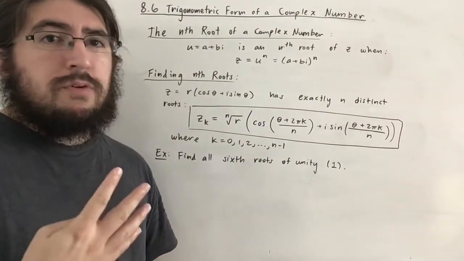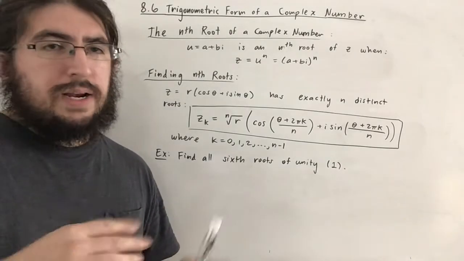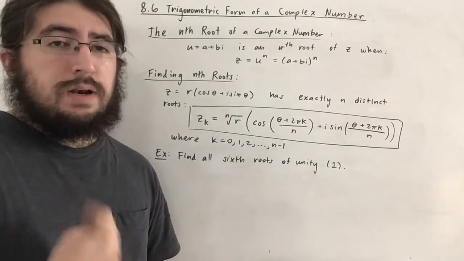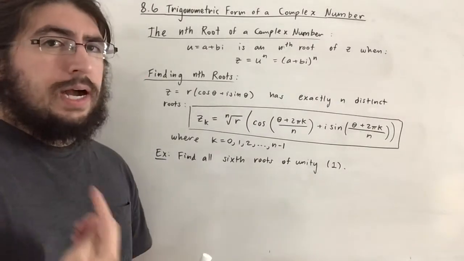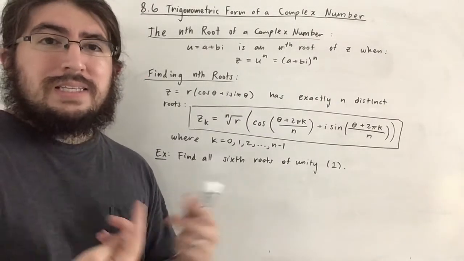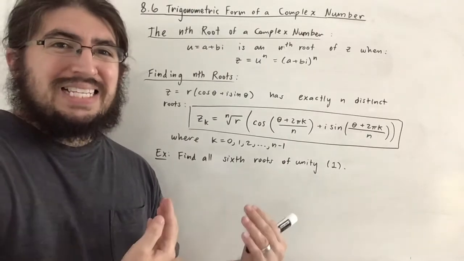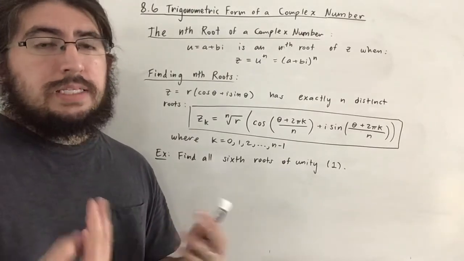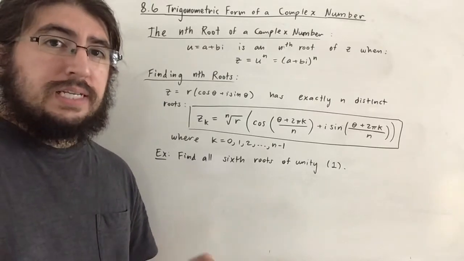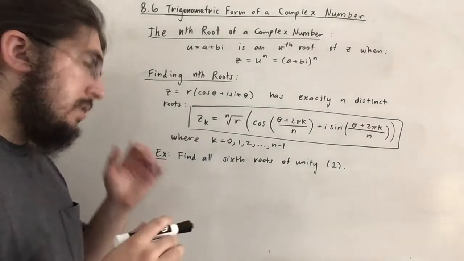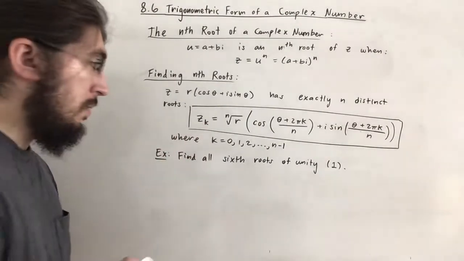If you take the fourth root of 1, it's 1 or negative 1. That's fine, because when you take those to the fourth power, you get 1. But what about i? See, i is a complex number, but when you take i to the fourth power, well, i squared is negative 1, and that squared, which is i to the fourth, is now positive 1. So complex numbers behave differently in the sense that there are more possibilities. So I'll stop rambling, and now let's actually see what it's about.